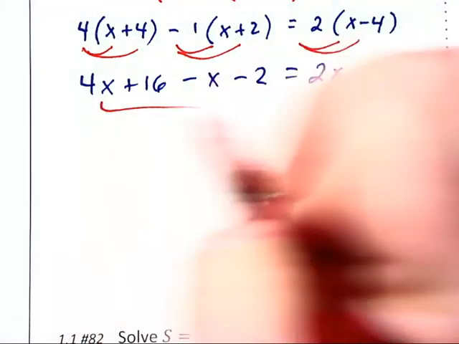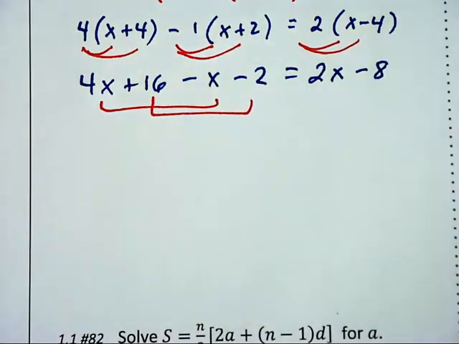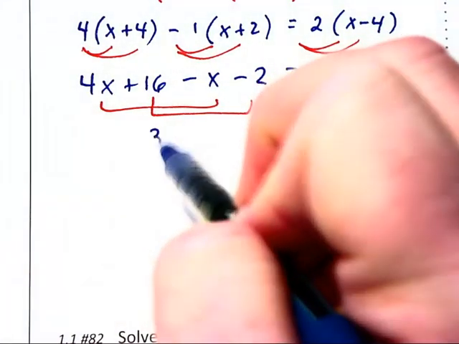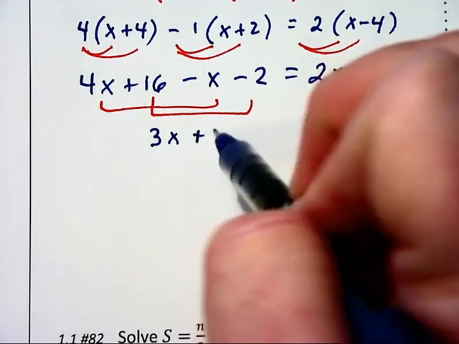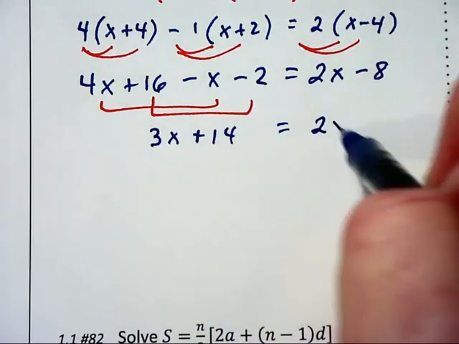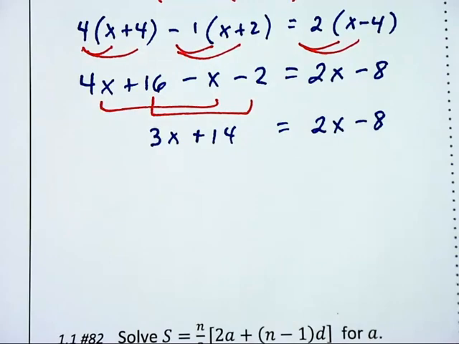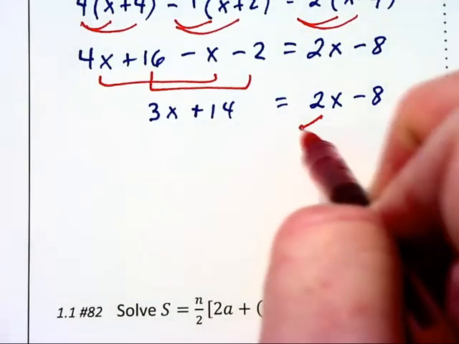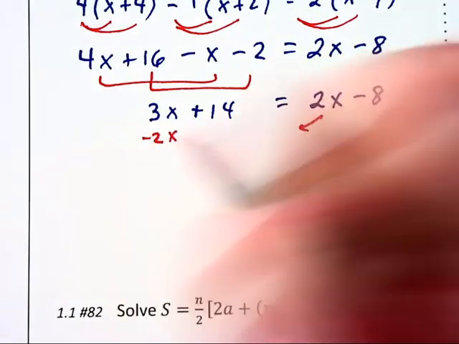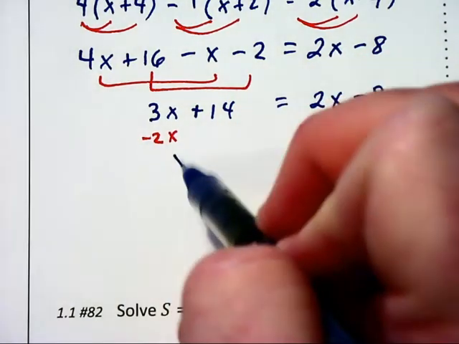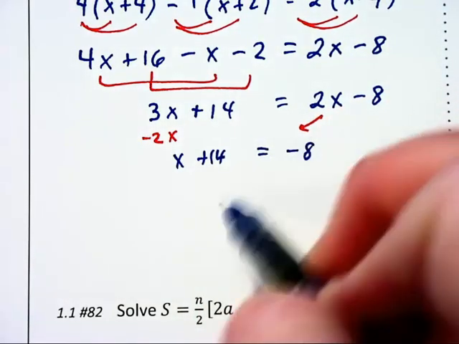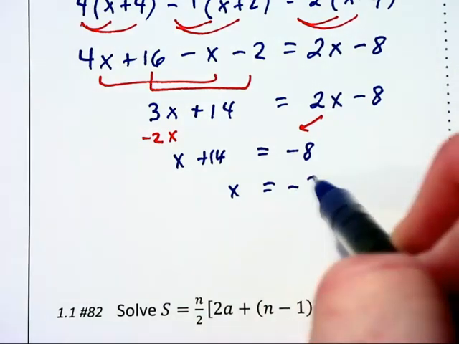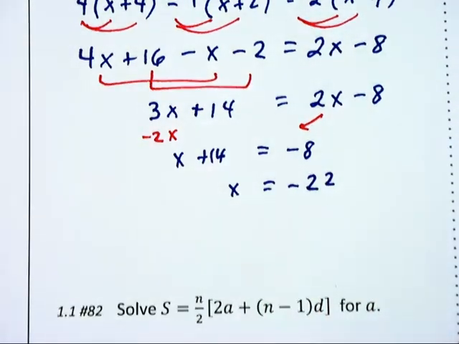On the left side, let's combine like terms. 4x minus x is 3x, 16 minus 2 is plus 14, and the right side remains 2x minus 8. Let's get all the variables to one side. Subtracting 2x on each side will give us x plus 14 is equal to negative 8. And finally, subtracting 14 on each side gives us x equals negative 22.